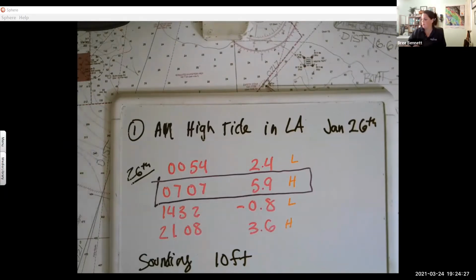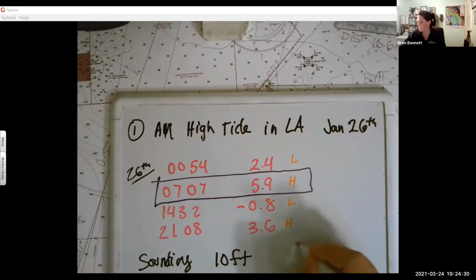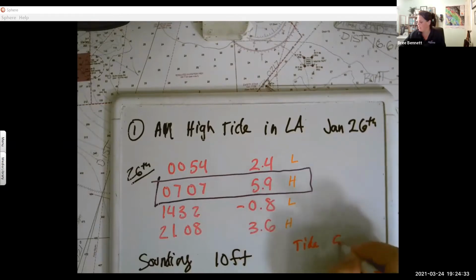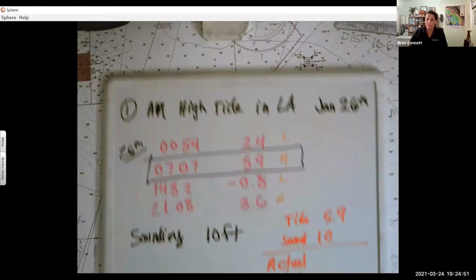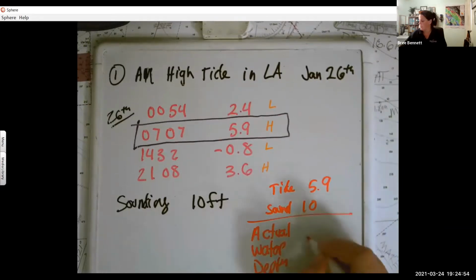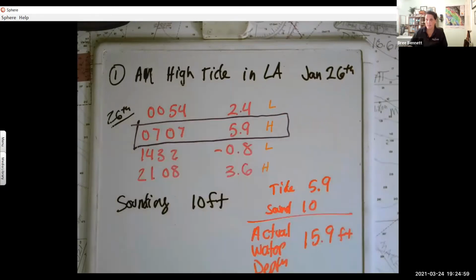So if we have our tide of 5.9 and our sounding of 10, actual water depth is going to be 15.9 feet. Pretty straightforward, right? Okay.